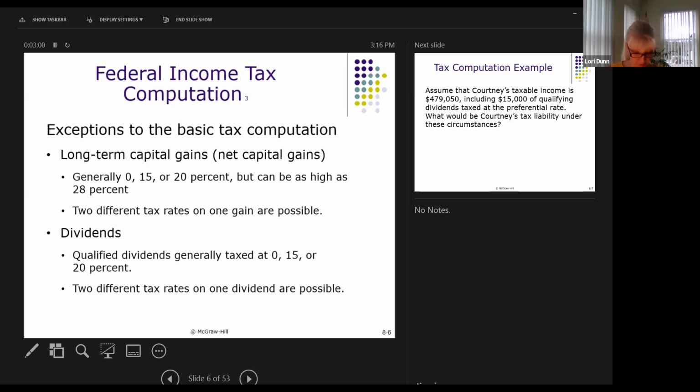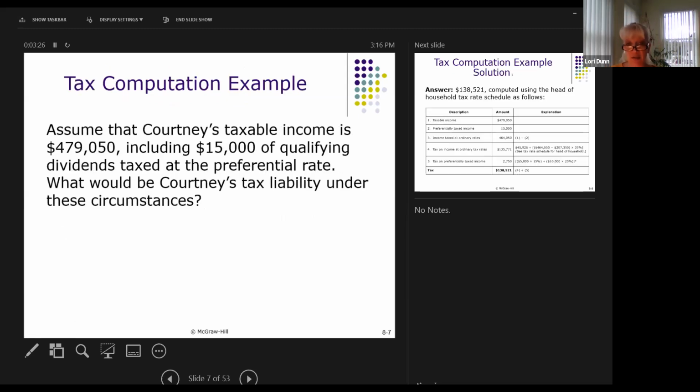What we have to be careful of is that sometimes our long-term capital gains and qualified dividends may be taxed at more than one of these rates, depending where our taxable income ends up as we add these. So we need to see an example of this. Take a look. I'm just going to keep my hand in page 7-10. I'm going to go back to my Appendix D, which has your tax rate schedules, so we can see where these numbers are coming from.